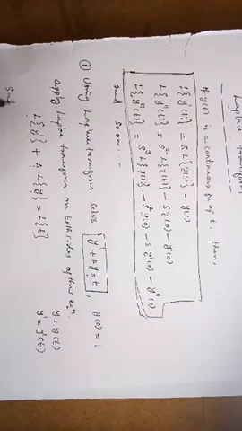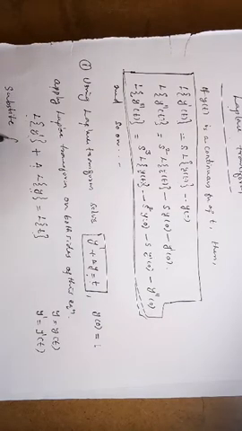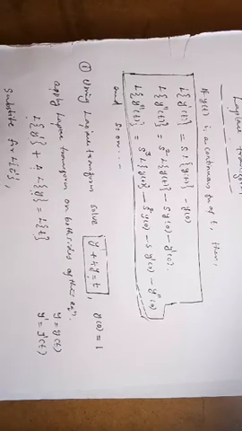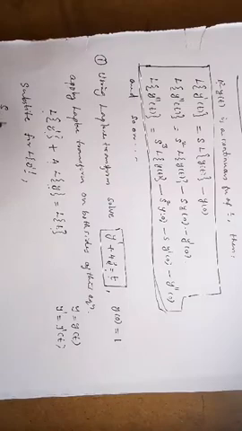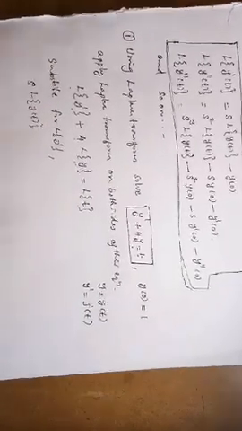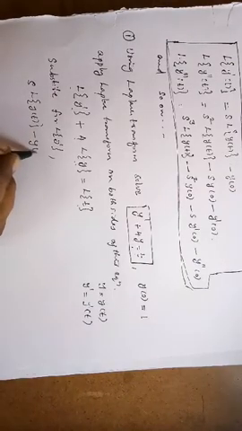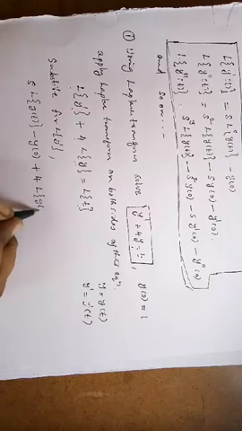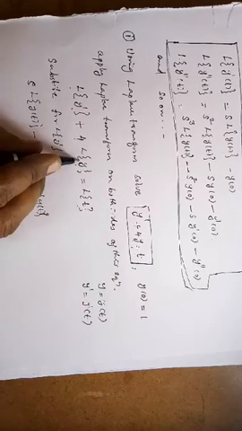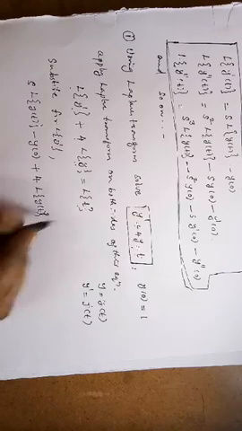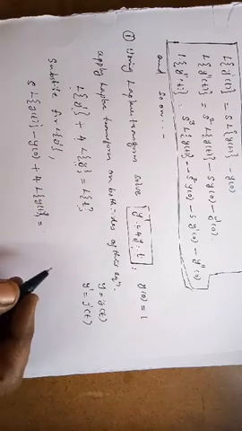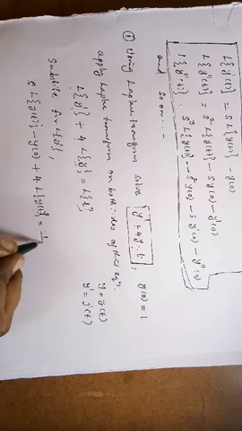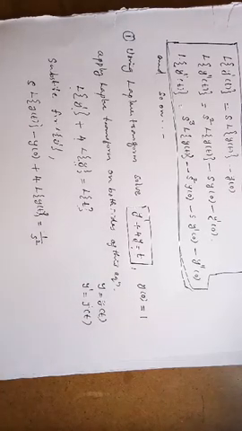So substitute the result for L of y dash: s into L of y of t minus y of 0 plus 4 into L of y of t is equal to L of t. What is the Laplace transform of t? Laplace transform of t is 1 by s square, that we know.